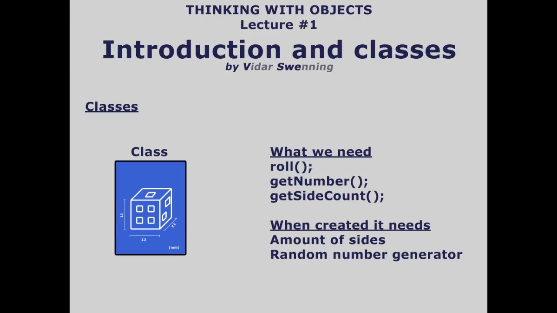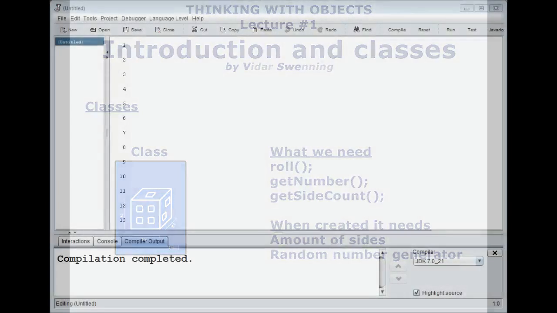But then we can have ones with 10 or 20 sides, whatever. And finally, when we create a die, we want to be able to set the amount of sides it has, and also give it the random number generator so we can randomize these numbers. Right, so let's get started with actually creating that. That's what we need, and now it's time to make it.